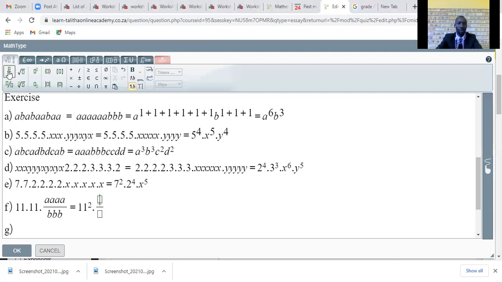So now we should say A has got 4 appearances. That means the exponent is 4. Then B has got how many appearances? Well, B has got 1, 2, 3 appearances. So B will have exponent 3.